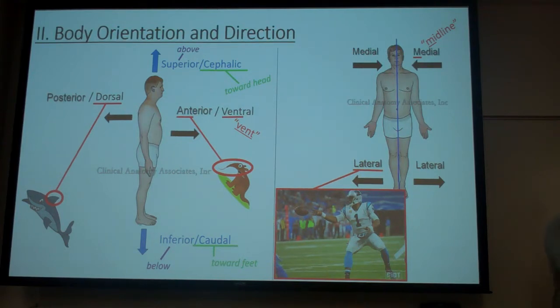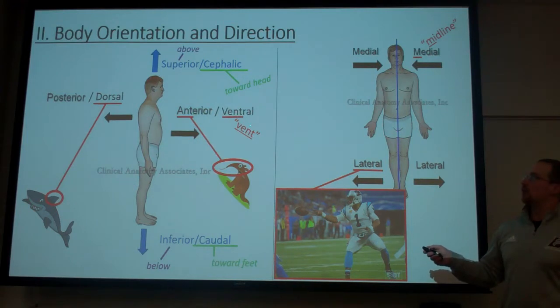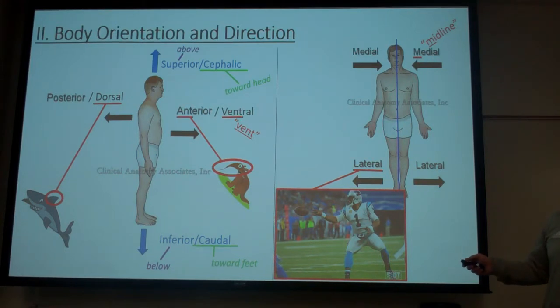All right, let's skip proximal and distal. We'll next go to dorsal and ventral. Now, I put dorsal next to posterior and ventral next to anterior. And essentially what they mean are the same things. So ventral is the same thing as anterior. Ventral means in front, but more specifically, it means stomach side.